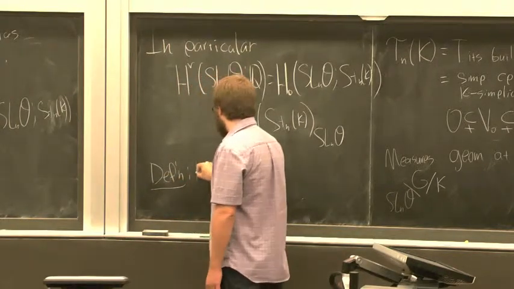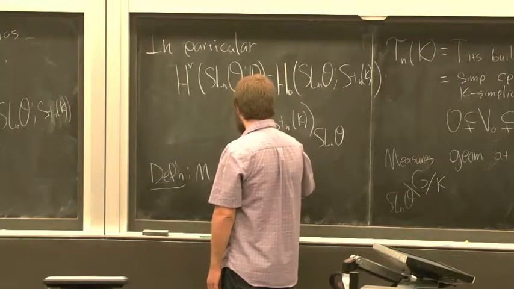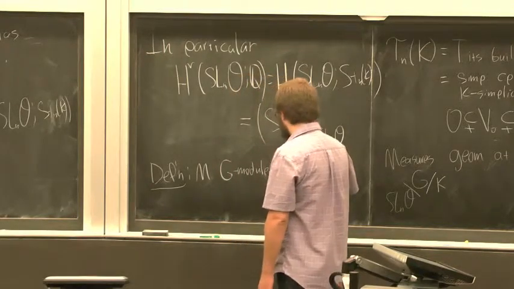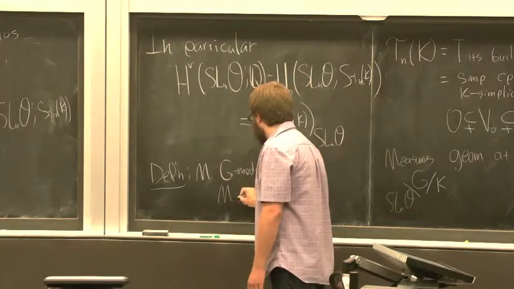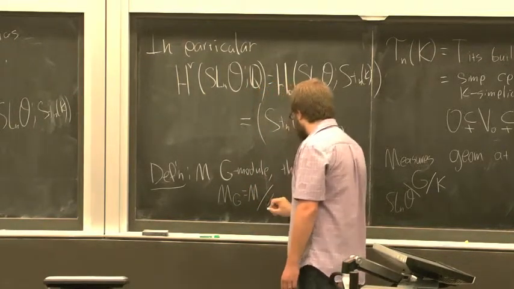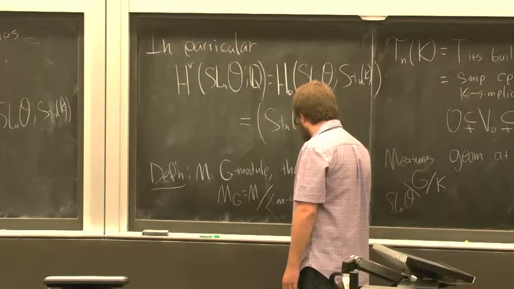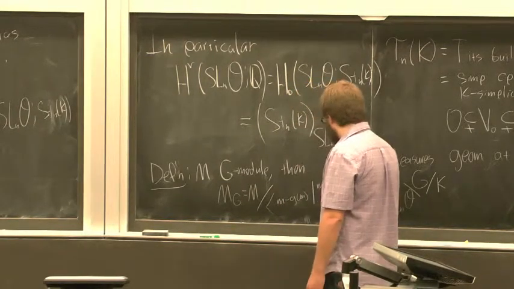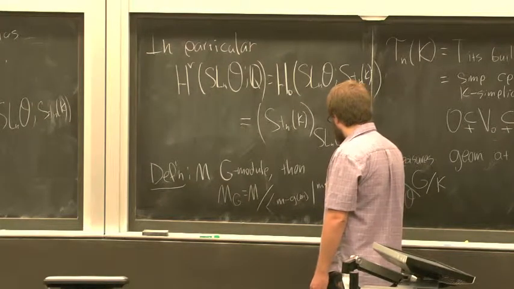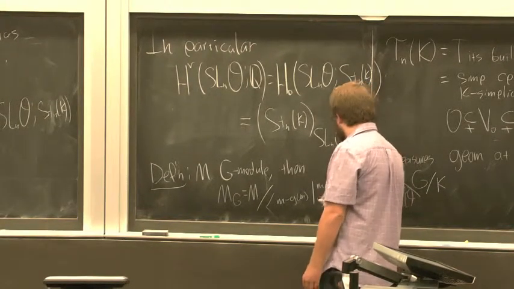If M is a G-module for some group G, then M_G is equal to M modulo the span of m minus g·m, such that m is inside M and g is inside G.